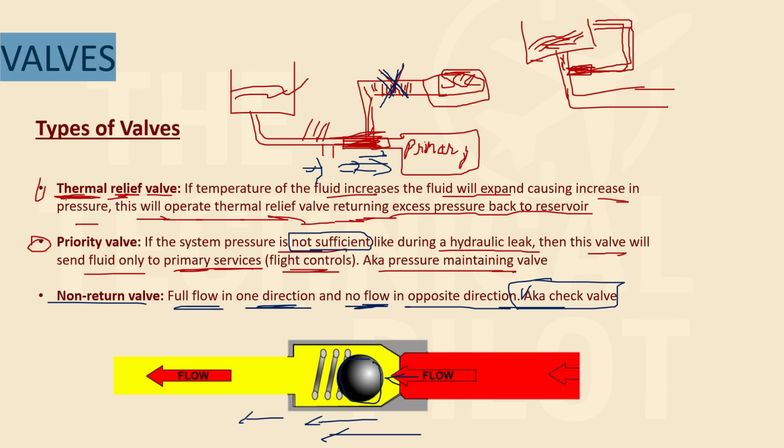But if the flow comes from the other direction, the ball will move and cover up this opening. So the fluid won't be able to move in this direction. It will be blocked. So it allows full flow in one direction, but no flow in the opposite direction.